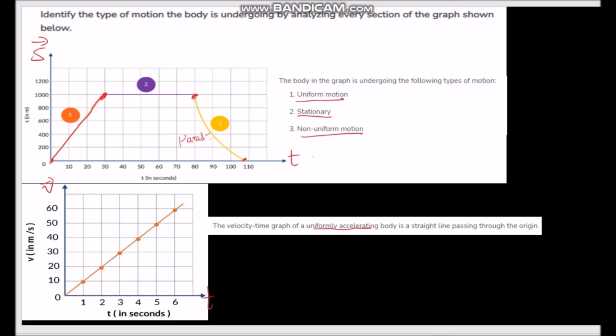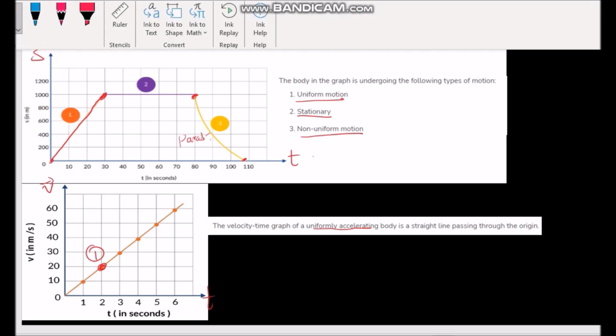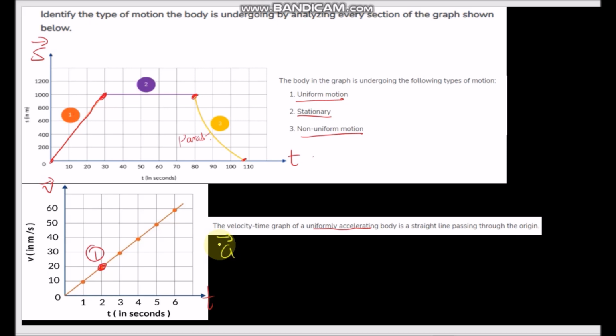If you calculate, for example, the acceleration at point 1, the acceleration is equal to the change in v over the change in t. At this point, what is the initial velocity? The initial velocity is 0 and the initial time is 0.